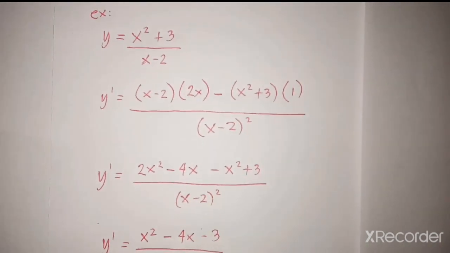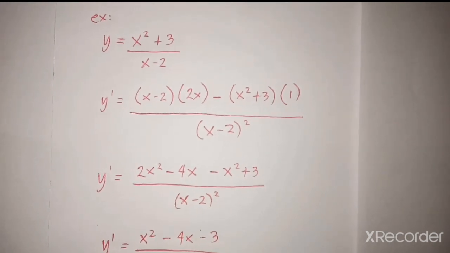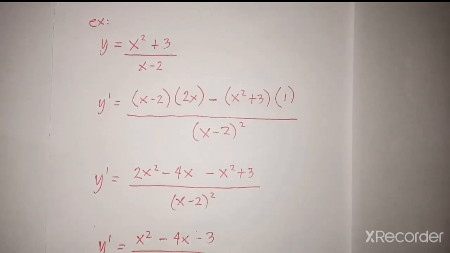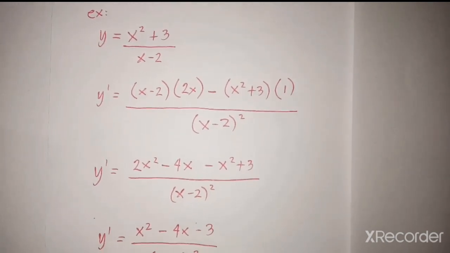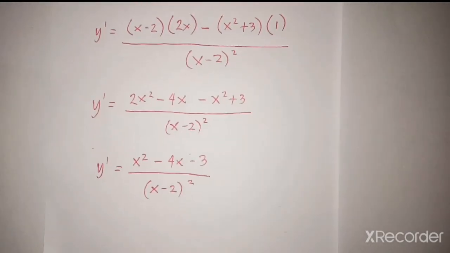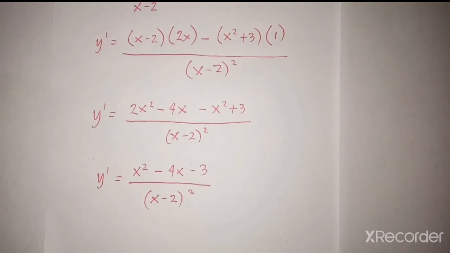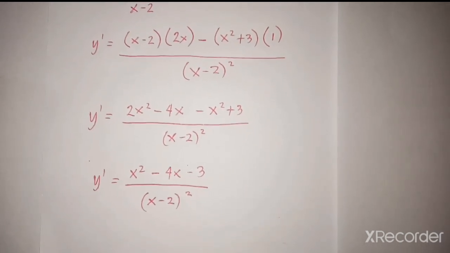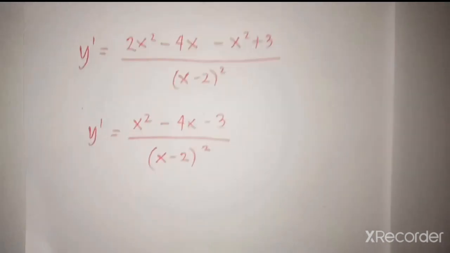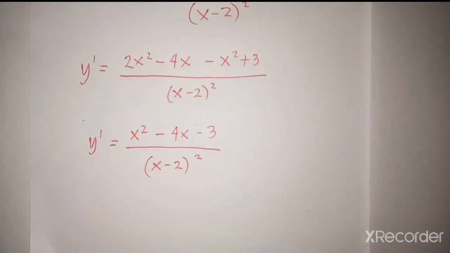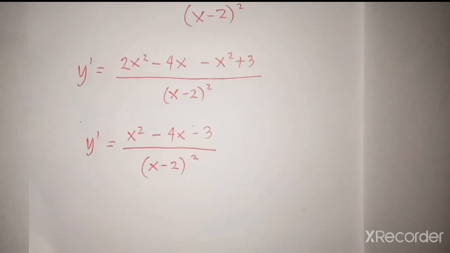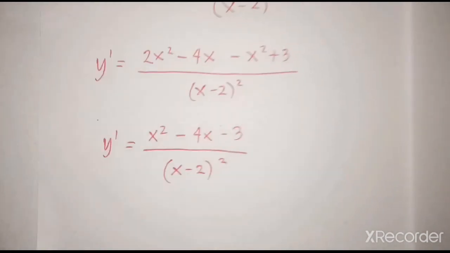Then y prime is equal to the quantity of x minus 2 times the quantity of 2x minus the quantity of x squared plus 3 times 1 over the quantity of x minus 2 squared. Next, y prime is 2x squared minus 4x minus x squared plus 3 over the quantity of x minus 2 squared. Then the answer is y prime is equal to x squared minus 4x minus 3 over the quantity of x minus 2 squared.